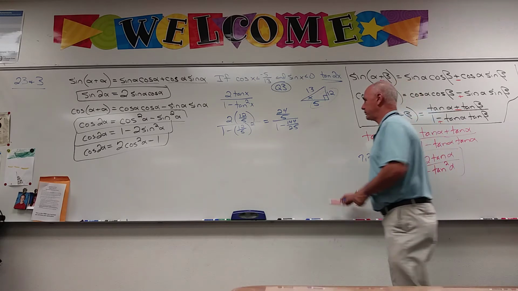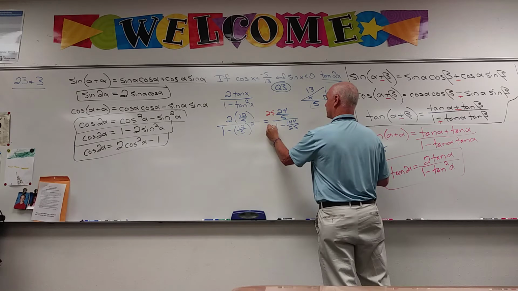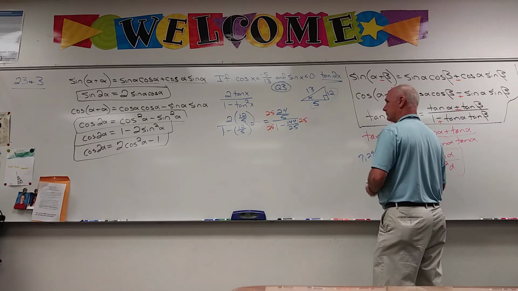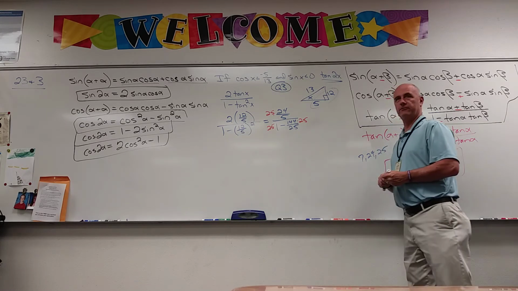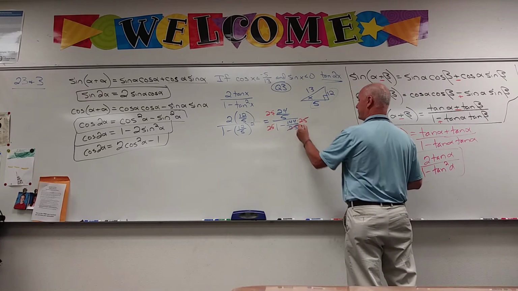So if you want to multiply by 25, then what? Cancel. Why did we multiply by 25? So that we can cancel. 25 takes out the 25.